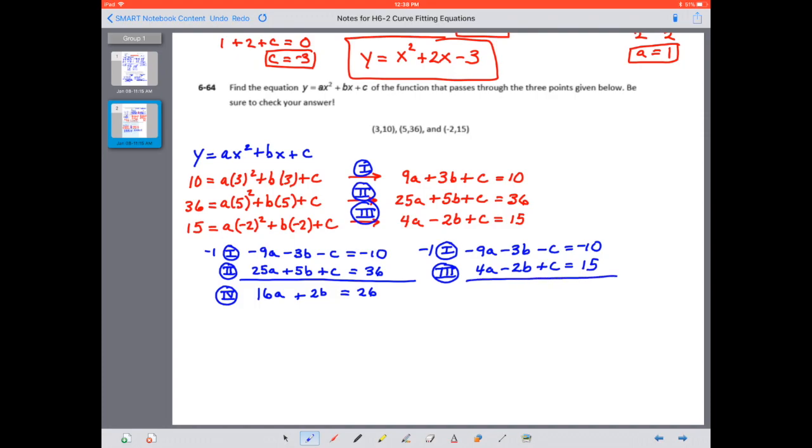Now do your elimination step. You should get negative 5a minus 5b is equal to 5. We'll call that equation 5.